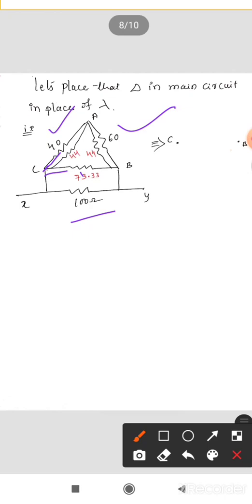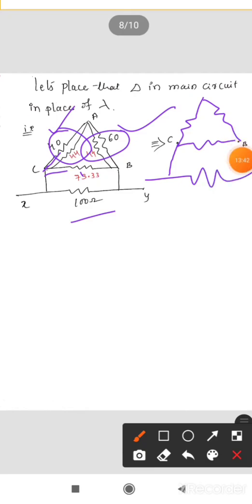Now between C and B there is 73.33, and 40 and 44 are in parallel. Take that parallel combination, and then 60 and 44 are again in parallel. Take that also as a single resistance, and then this is your X and Y.